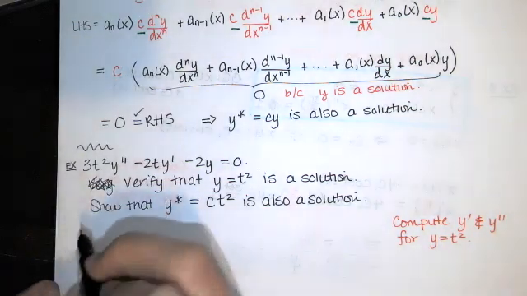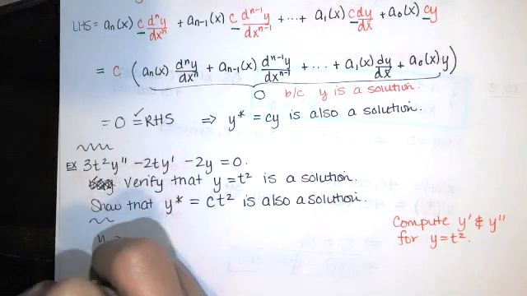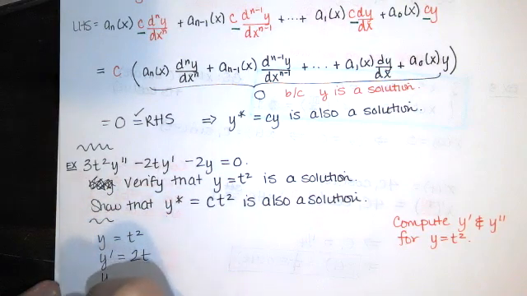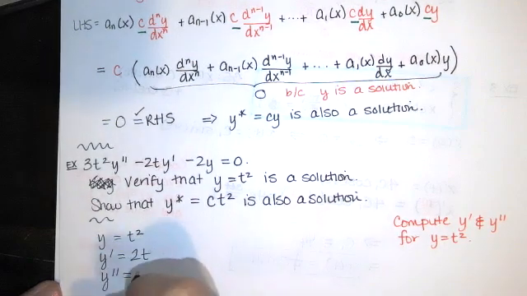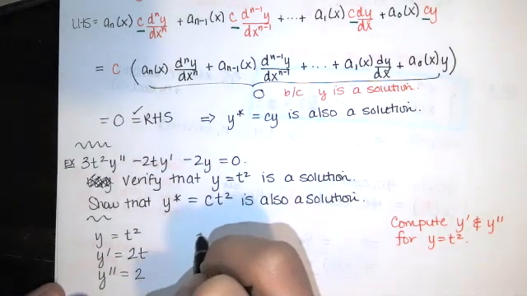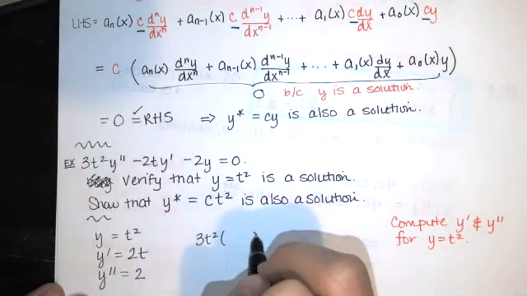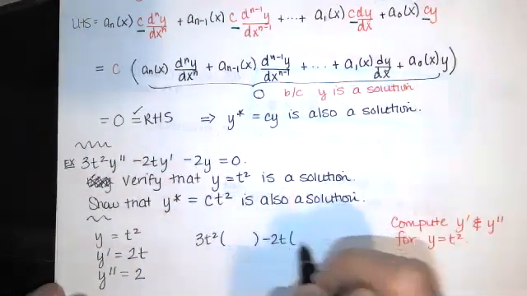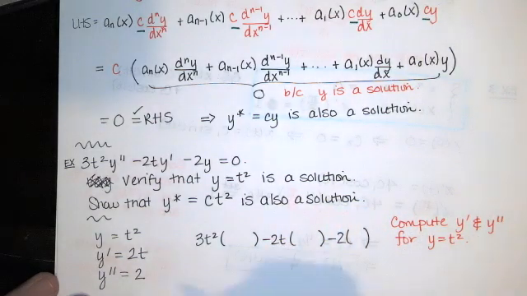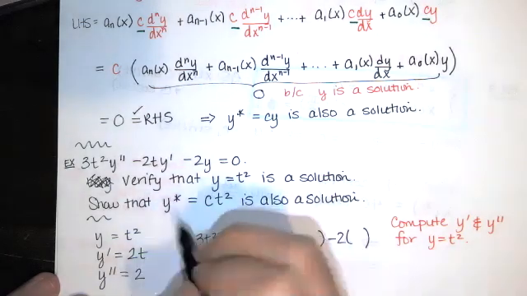So if we have y equals t squared, y prime is just 2t, and y double prime is the derivative of 2t, which is a 2. And we substitute those into this equation. So you've got 3t squared times y double prime minus 2t times y prime minus 2 times y. We're substituting into the left-hand side.